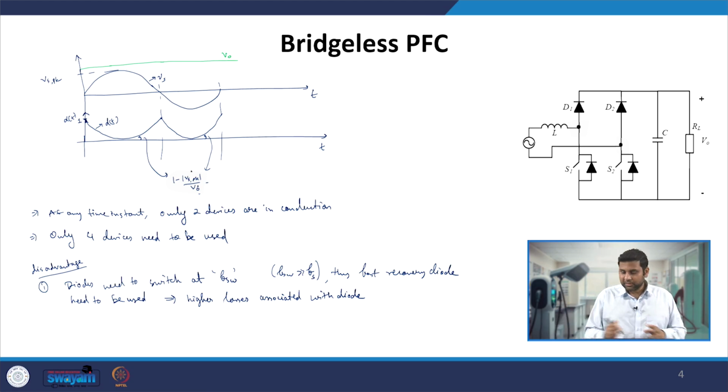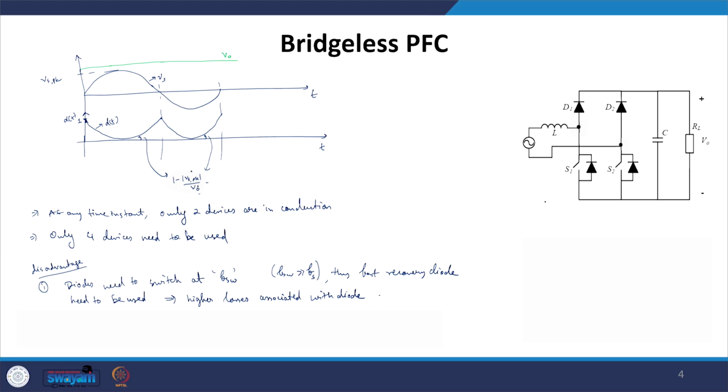So that is why huge losses associated with the diodes are there, which is one of the disadvantages. So this is the problem with this bridgeless PFC.